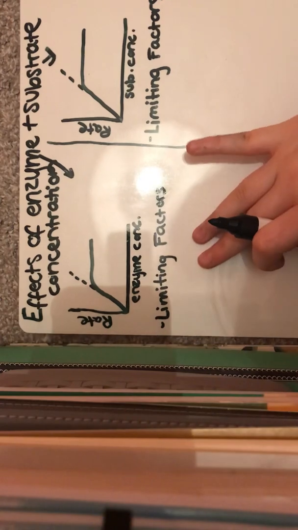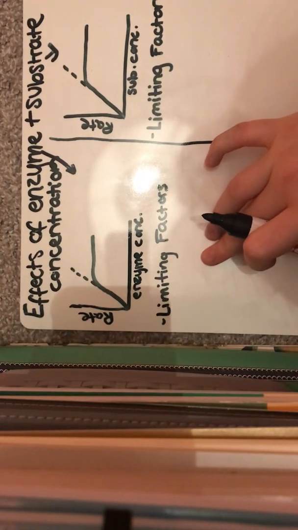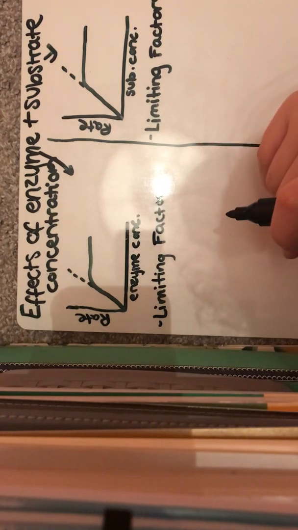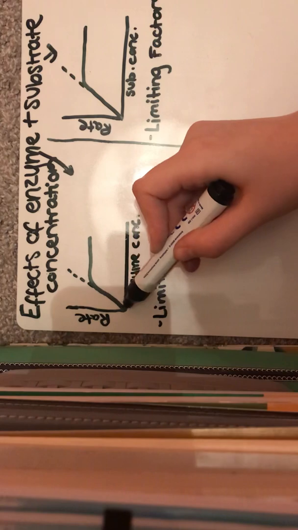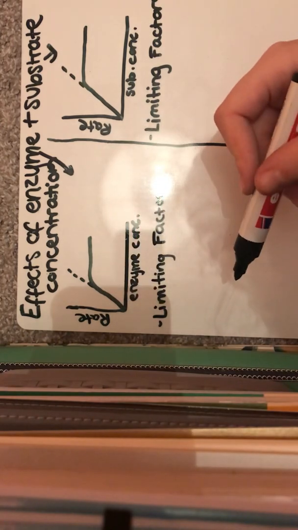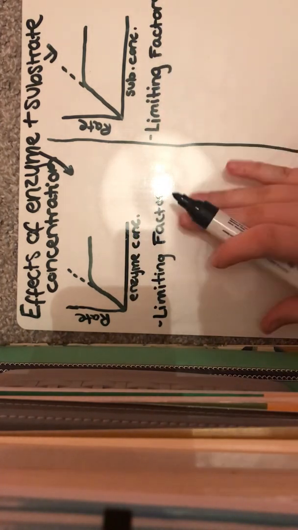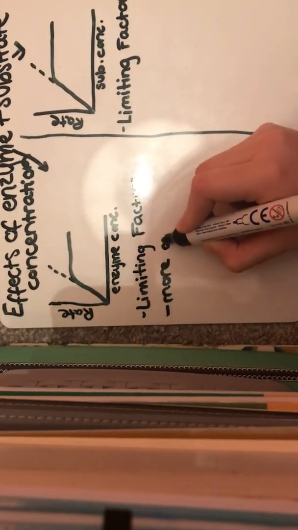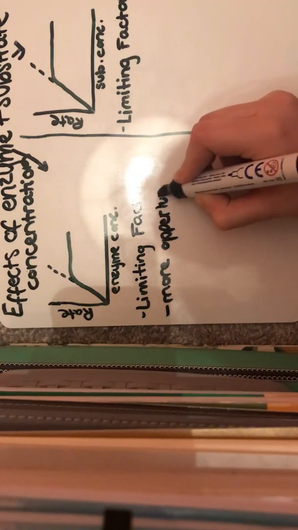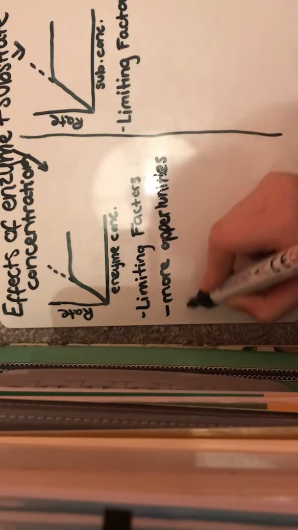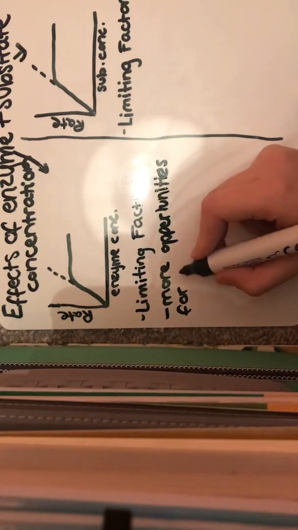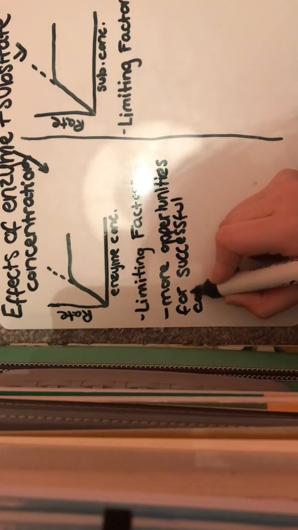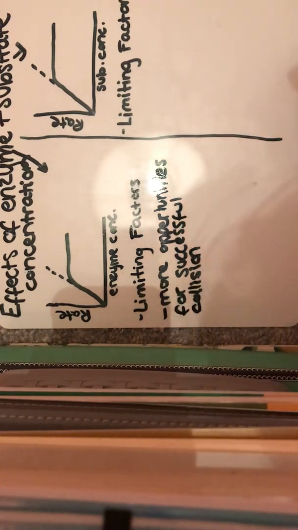So if we look at enzyme concentration first, we can see that as the concentration of the enzyme increases, the rate of reaction increases, and that's because there is a higher chance and more opportunities for successful collisions between the enzyme and the substrate.